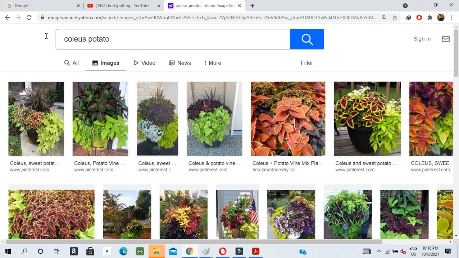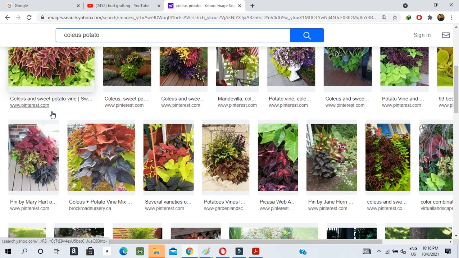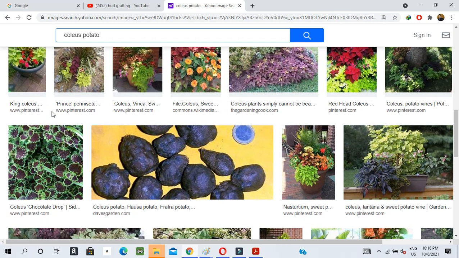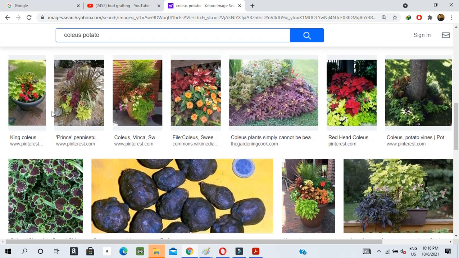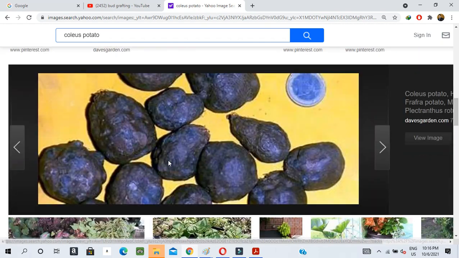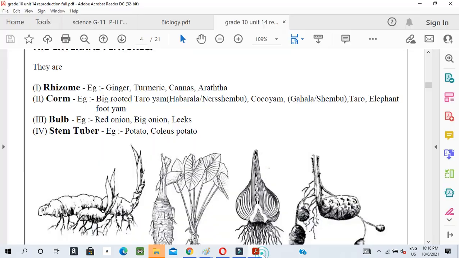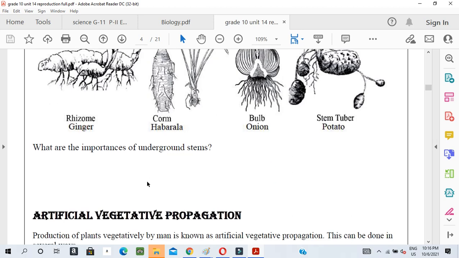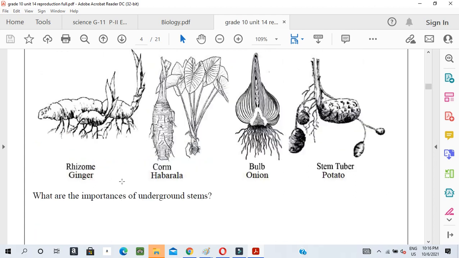The coleus plant is an ornamental plant. We don't eat coleus potato. Immediately when I say the word potato, you people think of eating it. The coleus plant comes out of this kind of underground stem.